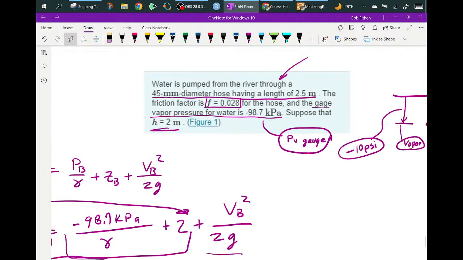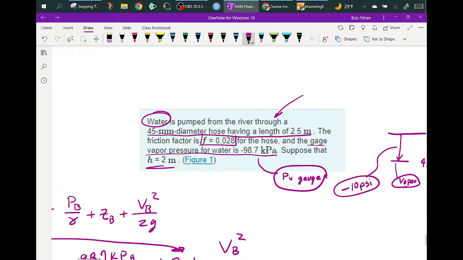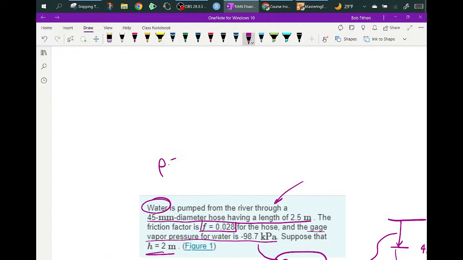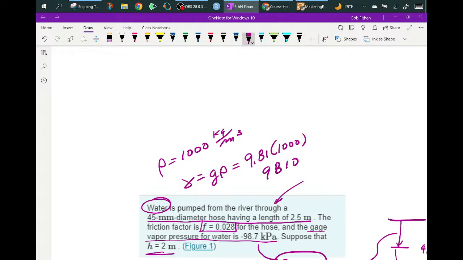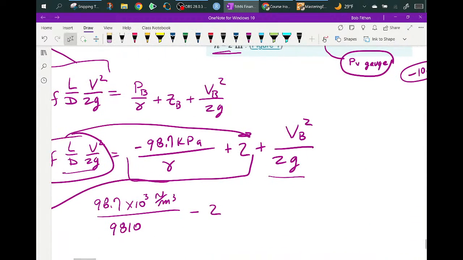Unless he told us a density, I'm going to assume rho is equal to 1,000 kilograms per meter cubed, which gives me that gamma is equal to rho g, or 9.81 times 1,000, which will be 9810. And that's what I'm putting right here, minus 2.